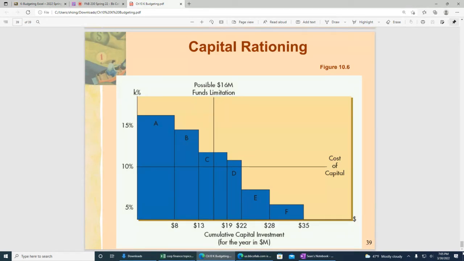E and F, no. But even if they meet it, if you put them in descending order, only projects A and B can be accommodated because project A costs 8 million, project B costs 5 million. Cumulatively 13 million, and our budget is 16 million. Project C is good, but it costs 6 million, so we cannot make it. So only projects A and B will be picked.